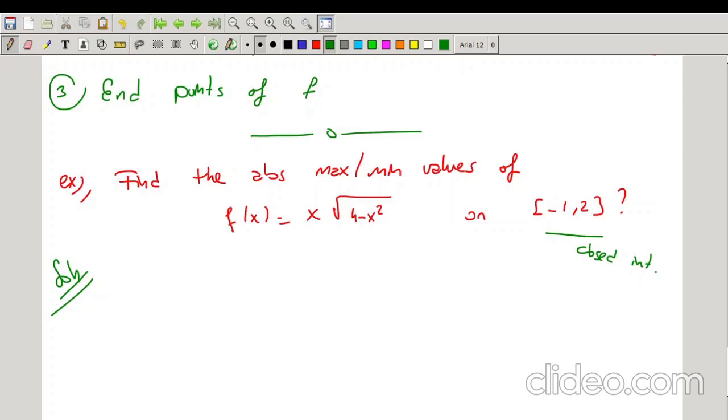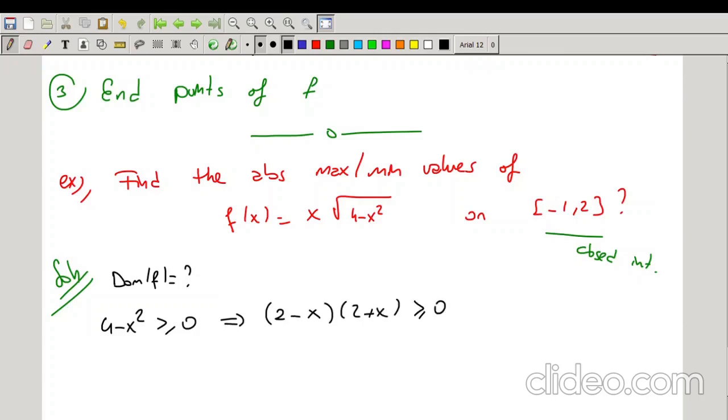First of all, what is the domain of f? We have to check the interval where f is defined. We have no problem with x. We have to check the square root of 4 minus x squared. So you must have 4 minus x squared greater than or equal to 0 in order for f to be defined. So this implies 2 minus x times 2 plus x is greater than or equal to 0.